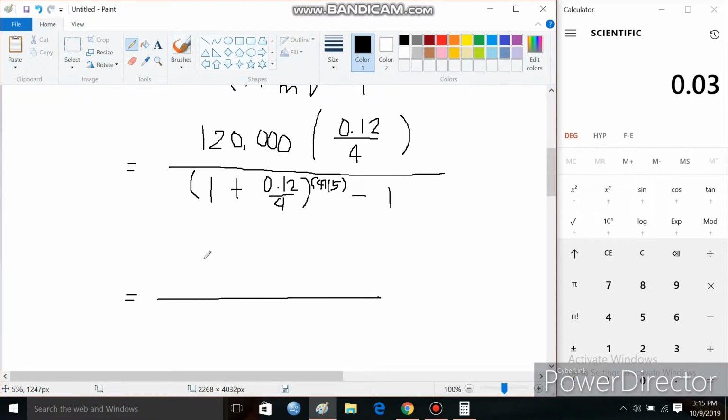So we'll have 120,000 times the quotient, 0.03, over 1 plus again 0.03.